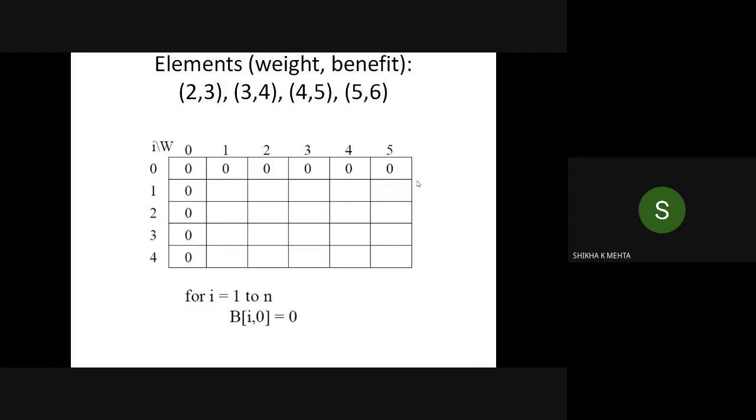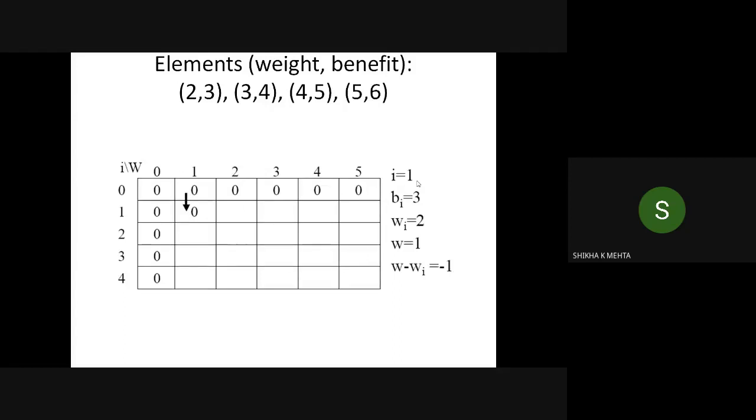So if we consider the capacity as 1, the item we are looking at has a weight of 2, so the knapsack cannot accommodate the item whose weight is 2. The knapsack weight is 1, so we cannot accommodate it over here. We take its initial value of 0 only.